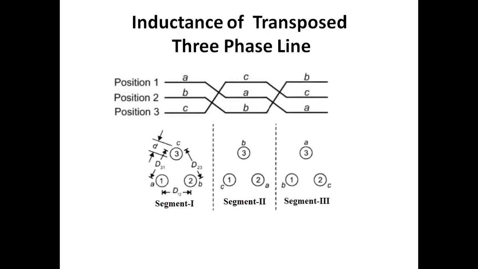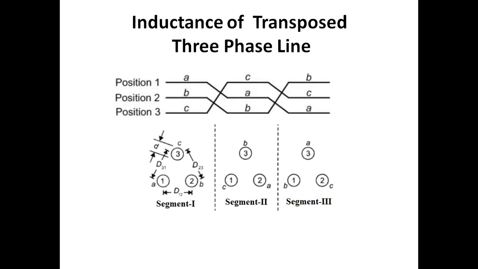At segment 3, again A comes to position 3, B comes to position 1 and C comes to position 2. This exchange process continues throughout the transmission line to make it a balanced system.